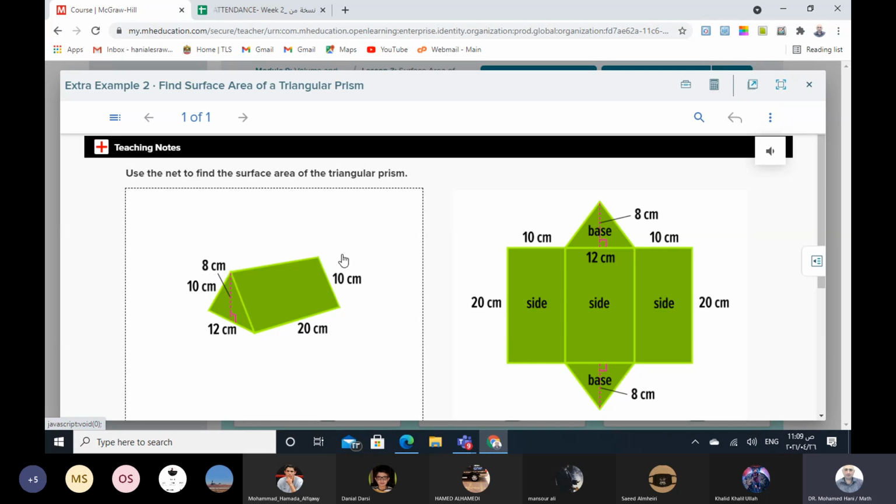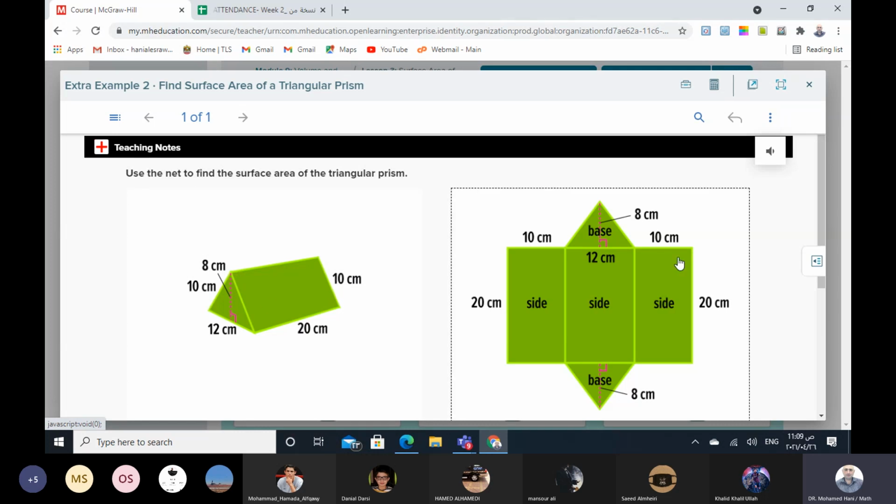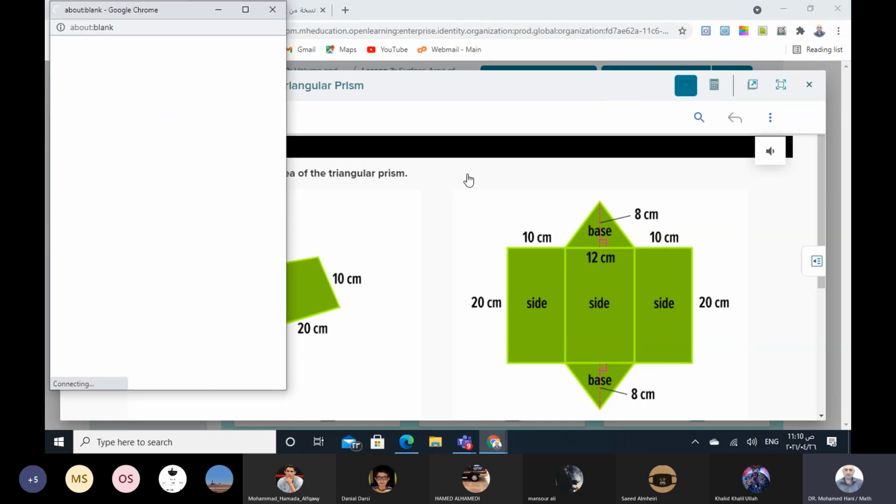Then draw the two congruent sides, two congruent rectangles. This is the first side, and here the second side. Then after you draw the net, now you can find the surface area.